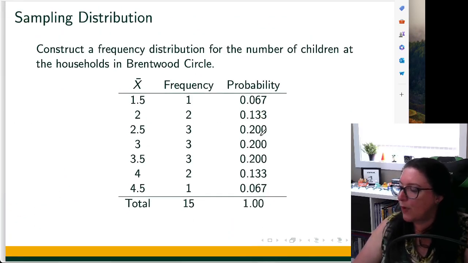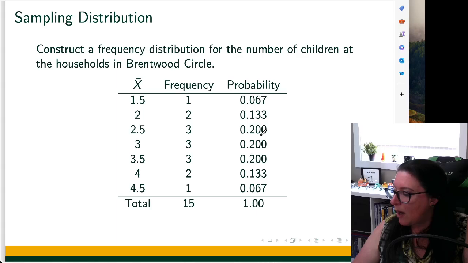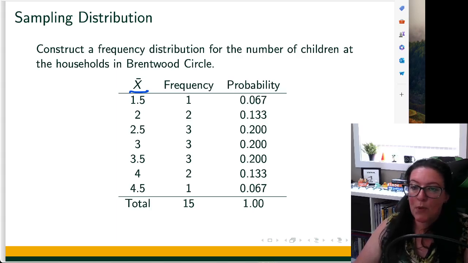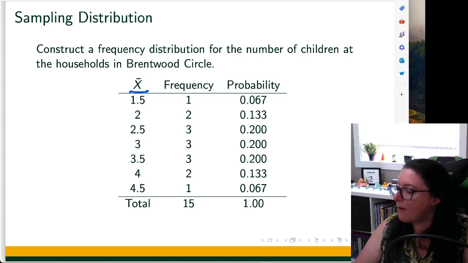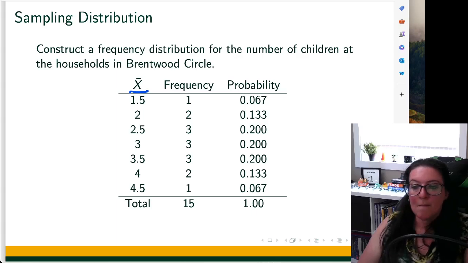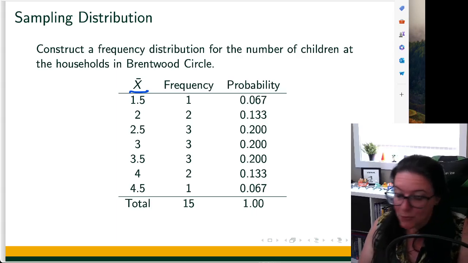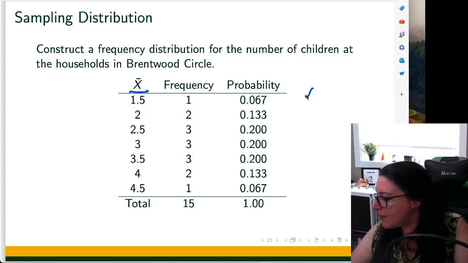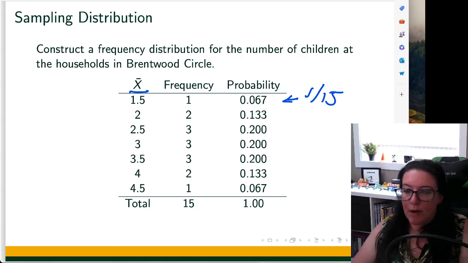So for example, here are the different numbers, average number of children per household. And in terms of the 1.5, there was one sample that had an average of 1.5. There were 2 samples that had an average of 2, and 3 samples that had an average of 2.8. This was out of 15 samples. So then if we take 1 divided by 15, we get the probability that the average is 1.5.